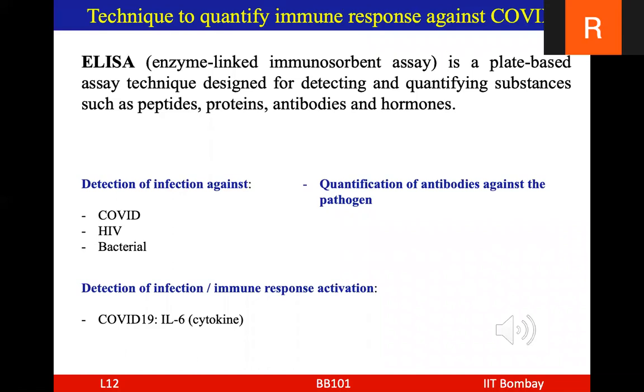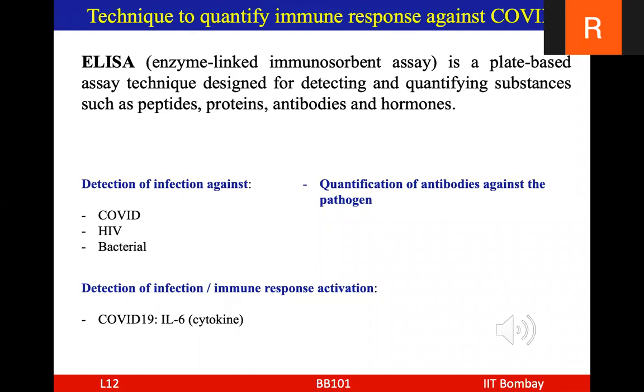So one of the techniques which is very common in the diagnostic field, or in whatever report you see many times, is ELISA. And ELISA stands for enzyme-linked immunosorbent assay. It's a plate-based assay technique designed for detecting and quantifying substances such as peptides, proteins, antibodies, and hormones.